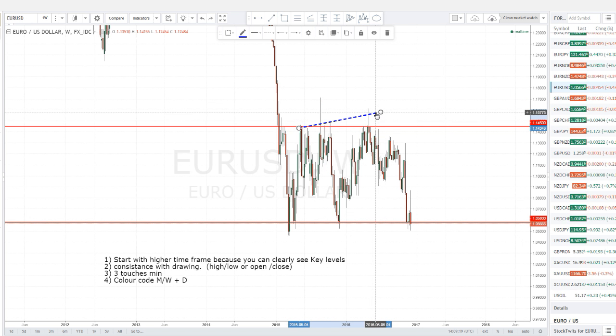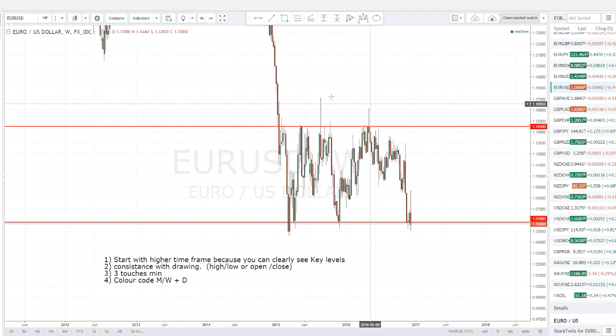So just so you understand, you want to do it consistently the same way to get the same results over and over again. Trading's all about probabilities. Don't change your rules just because you think it looks better one way or another. Another thing people do is draw a line through the open and close and through the highs and lows. Oh look, this line's perfect and just looks nice, but it's not what people do. You want to be consistent at all times.